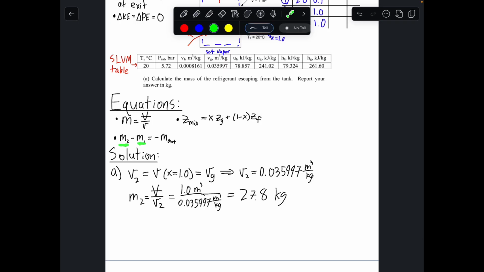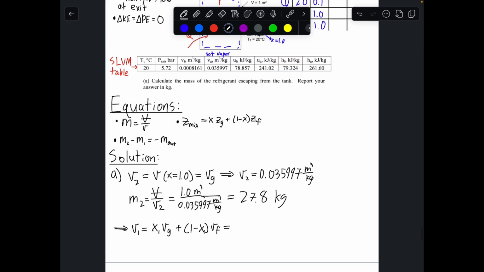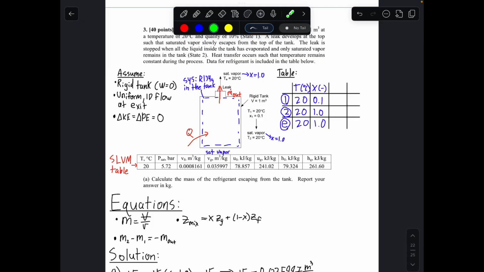We just need to find the value for M1, but we need to use this quality equation to find our value for the specific volume at state 1. So let's plug that in here. We'll get that V1 is equal to X1 times Vg plus 1 minus X1 times Vf. And if we plug in our numbers here, X1, remember, is 0.1.